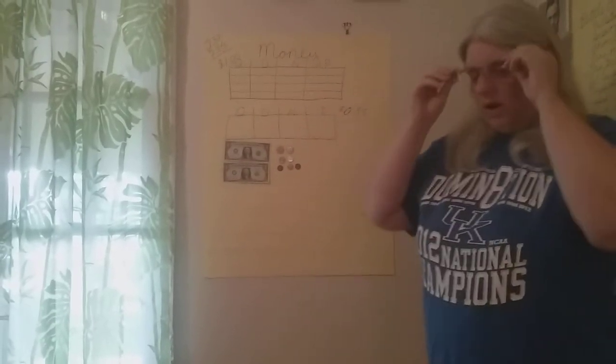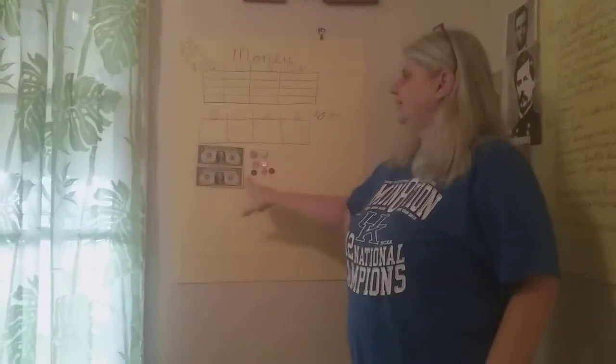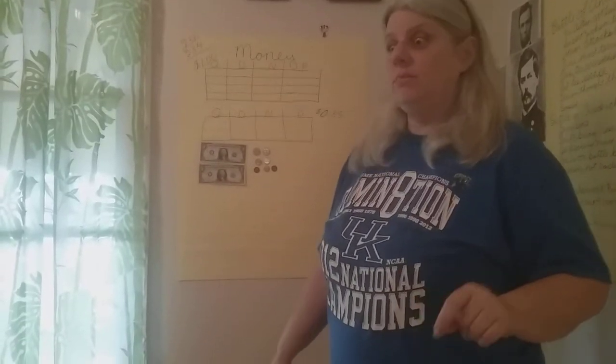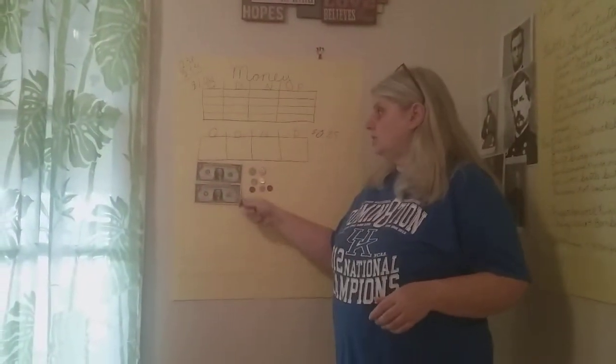All right, so we are going to count this up and find out how much money it is. And then we're going to write it underneath the money in our book for number 1. The way you count it is you always start with the biggest.